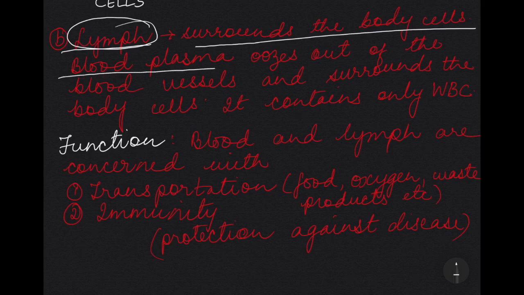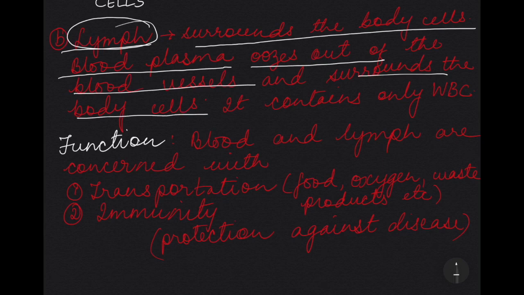So the blood plasma just oozes out of the blood vessels and surrounds the body cells. It contains only white blood cells. Why? Because white blood cells destroy germs and any harmful particles that enter our body. So that is why lymph has to surround the body cells.